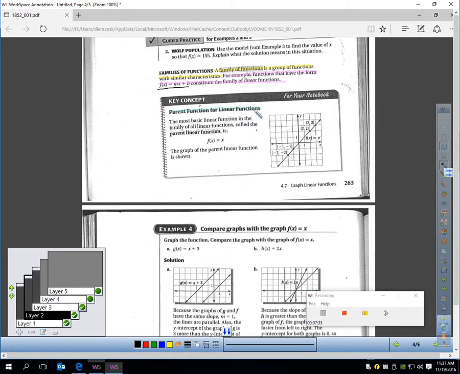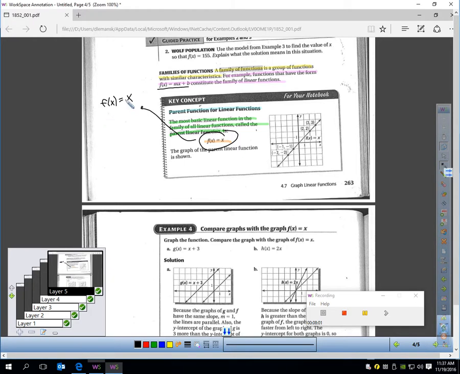Let's talk about what the parent function of this family is. The parent function is the most basic function in that group. Here is the most basic linear function we can write, f of x equals x. Let's analyze this a little bit more. I'm going to write it over here. When you write f of x equals x, let's think about that for a minute.